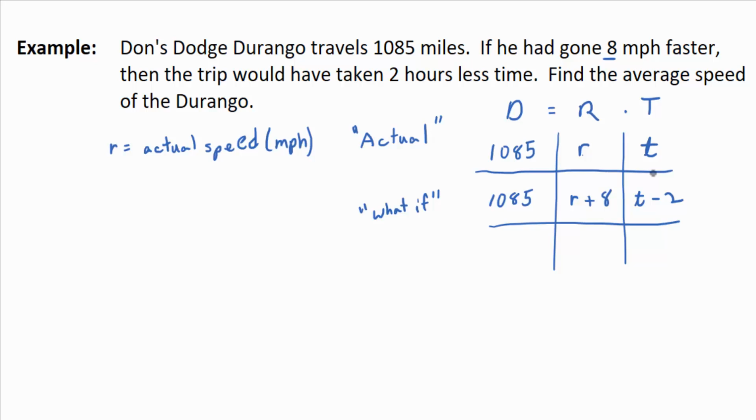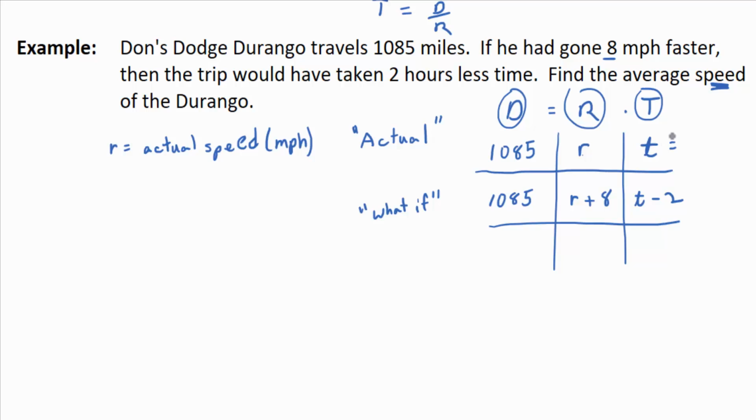So oftentimes what's easier in problems like this, since we're just looking for R anyway, the average speed that would correspond to R, wouldn't it? The easier way is to put, okay, time is equal to distance divided by rate, isn't it? If you solve this equation for T, don't you get distance divided by rate? If you remember to do it that way, you're going to end up with a way easier equation in the end to solve.